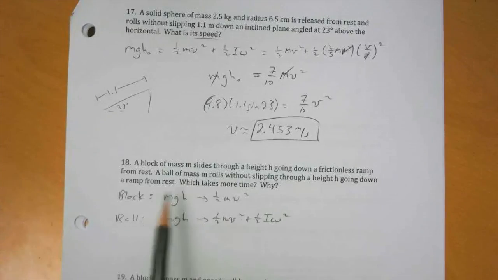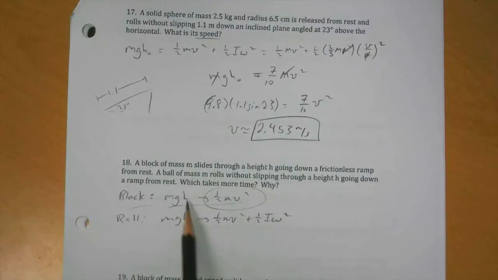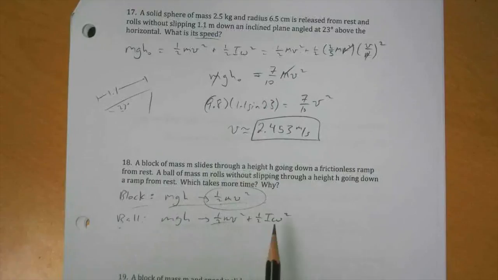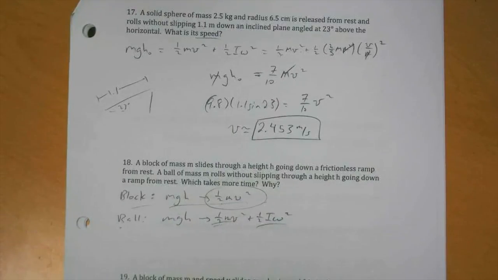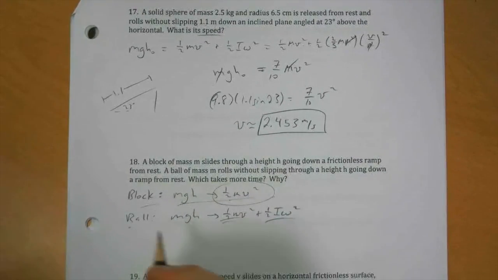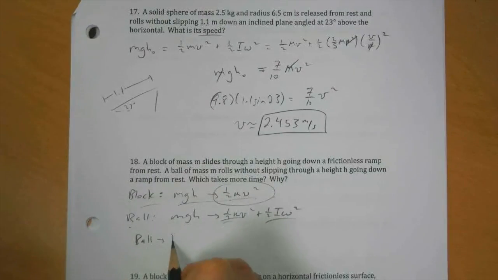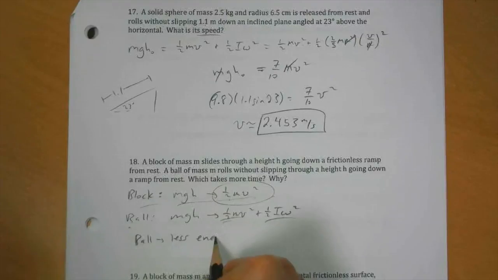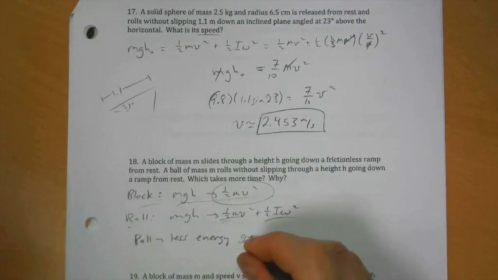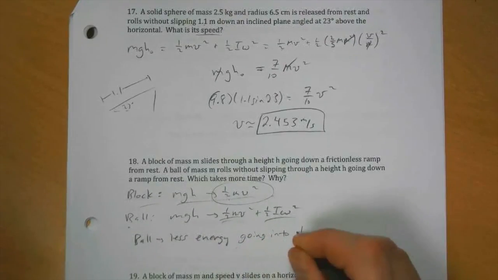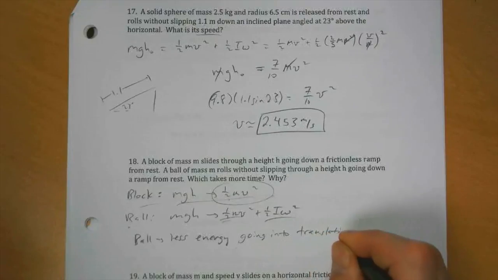So all of the energy for the block goes into translational motion, while for the ball, the energy is split between translational motion and rotational motion. So, which takes more time? The ball takes more time. It has less energy going into translational energy.